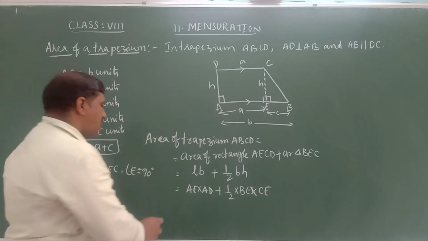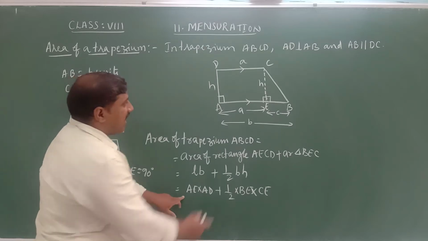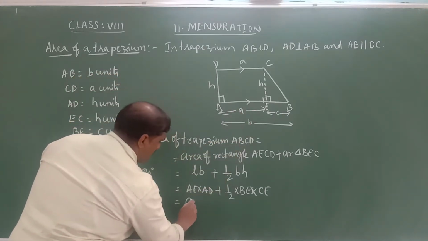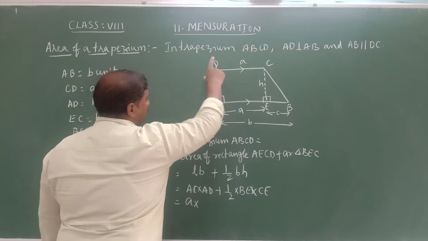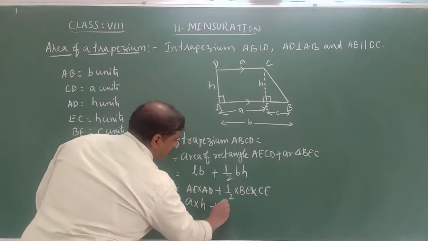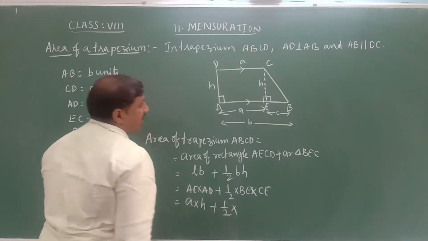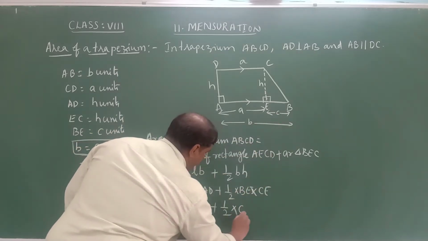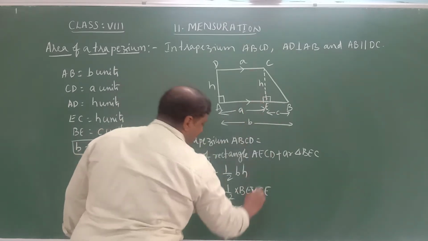Then you substitute these values in that. Now AE is equal to what? A into AD is equal to H plus half into BE is equal to C into CE is equal to H.